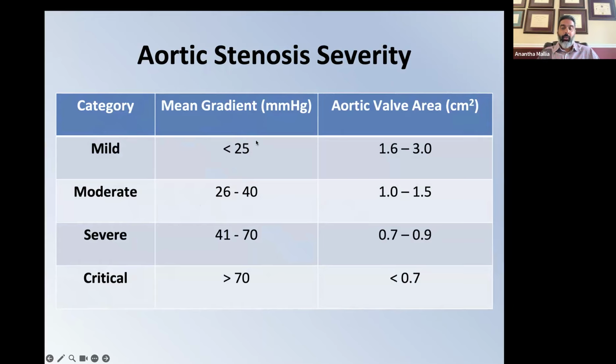So, all the way from less than 25 all the way up to greater than 70, the higher the mean gradient is, the worse the aortic stenosis is. The other way you can look at it is by looking at the aortic valve area itself. So obviously, the larger the aortic valve area, the less severe the aortic stenosis is, and the more tight the valve area is, the worse the aortic stenosis severity would be.